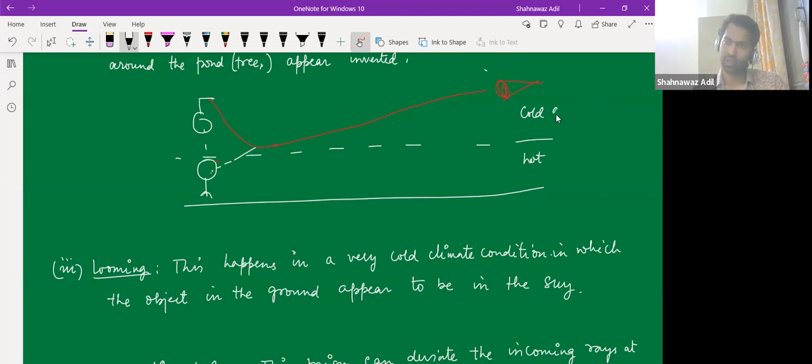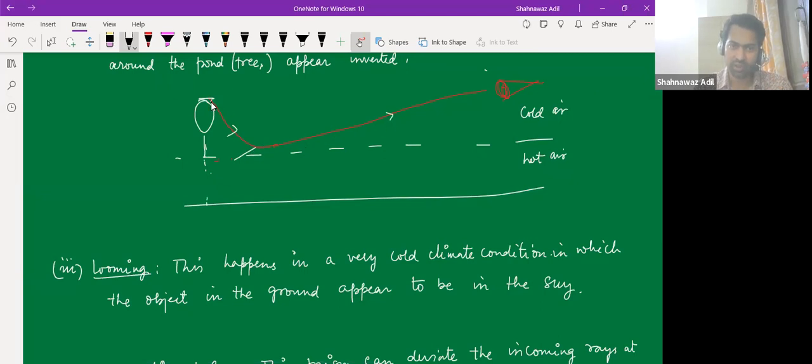This is cold air, and this is hot air, right? We have this tree, right? And then the light rays are coming from this tree. So then it will be reflected.